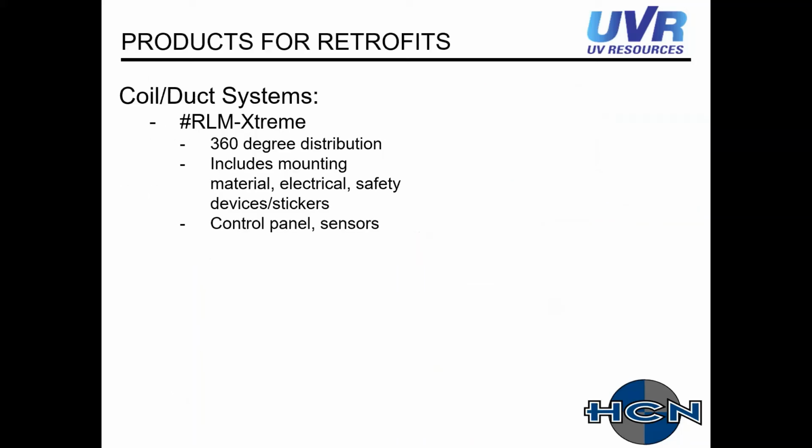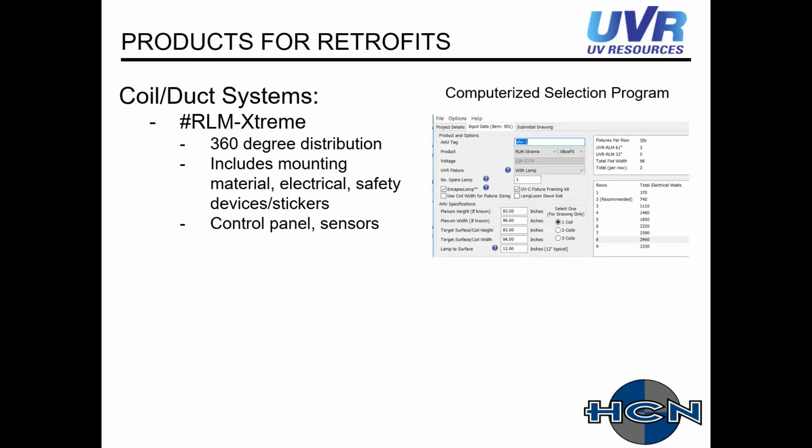All right. So the products that UVC Resources has available, once again, kind of their flagship product is the RLL Extreme. It doesn't have reflectors. It has a 360-degree distribution that helps with the output. They can provide the mounting material, electrical, et cetera, and the control panels. What's nice from my perspective is that they have a computerized selection program.